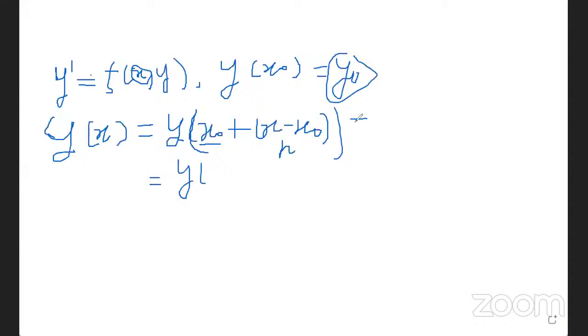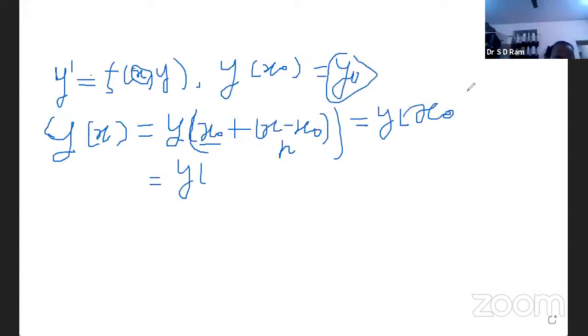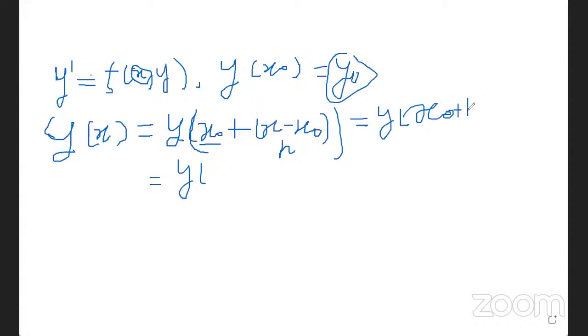So basically this is equal to y at x naught plus h y prime at x naught. Of course, h depends on x because x naught is fixed. So the first term is y at x naught, plus h times y prime.